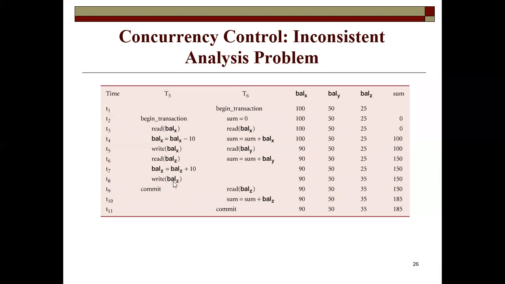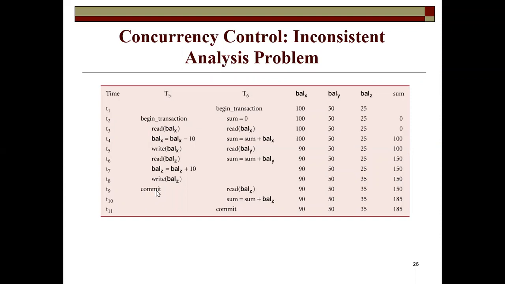At T8, we send the update to account Z. So X still has 90, Y has 50, and now Z is updated to 35, and the sum still remains at 150.